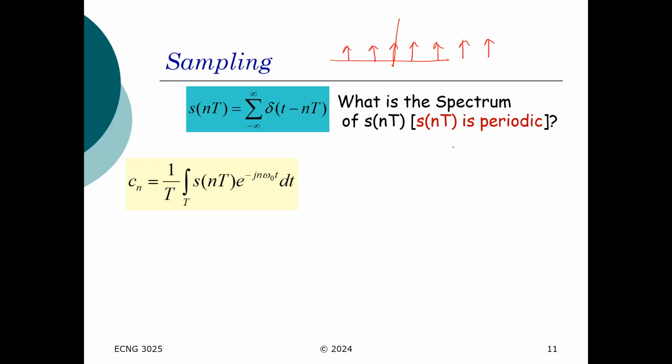Right? If I were to give you this and ask you, what is the spectrum of that? Well, to get the spectrum of it, remember it's periodic, it has a period of T. Since it's periodic, I could use the continuous time Fourier series. So these are the coefficients of the continuous time Fourier series, and I just plug it into the expression.